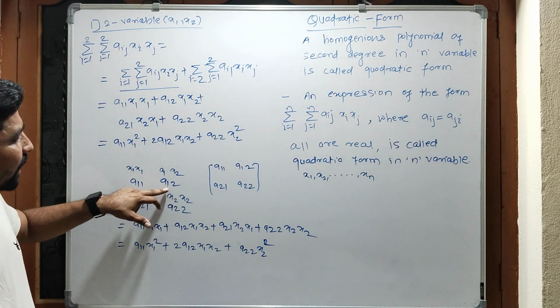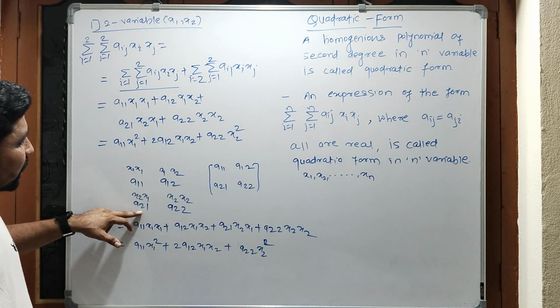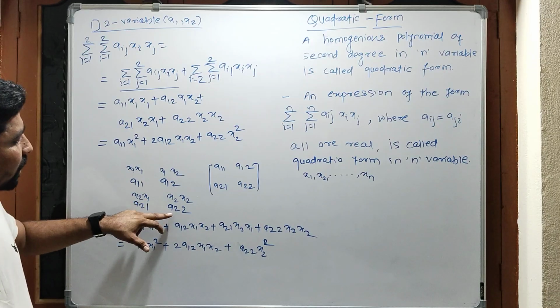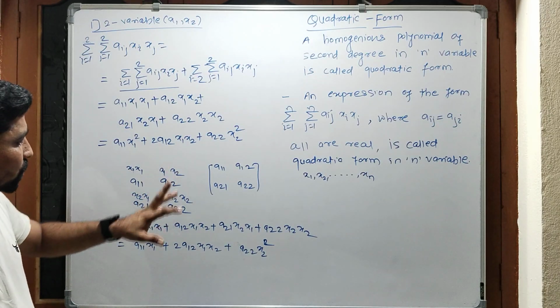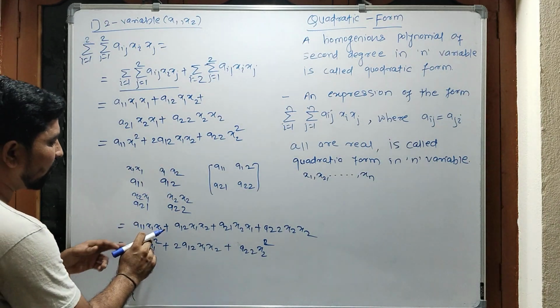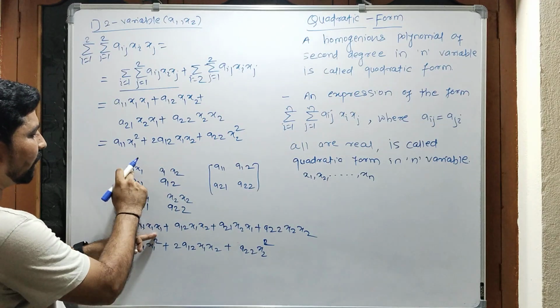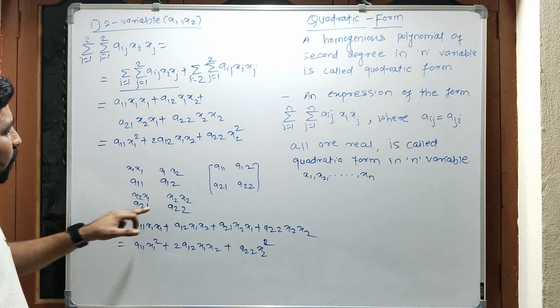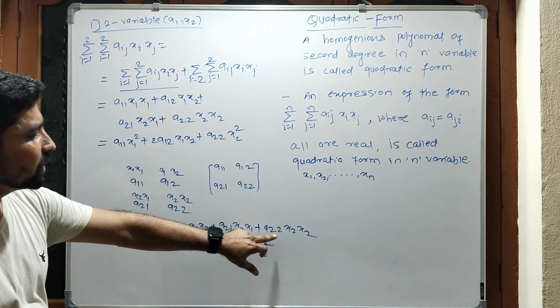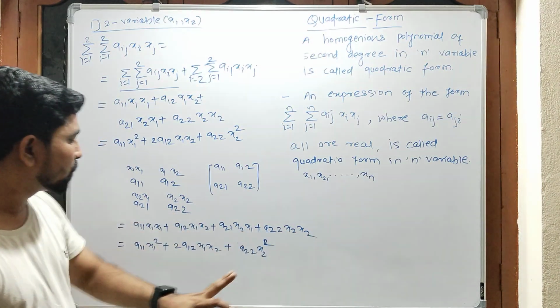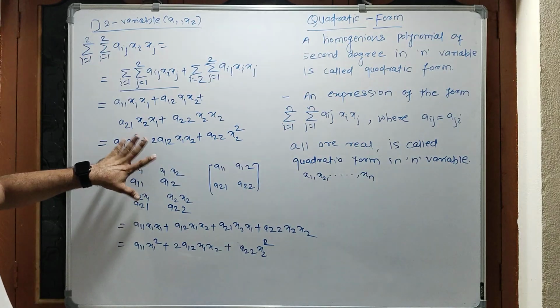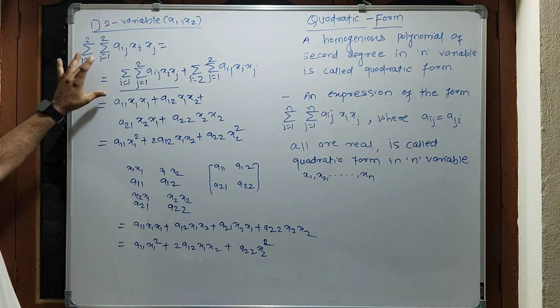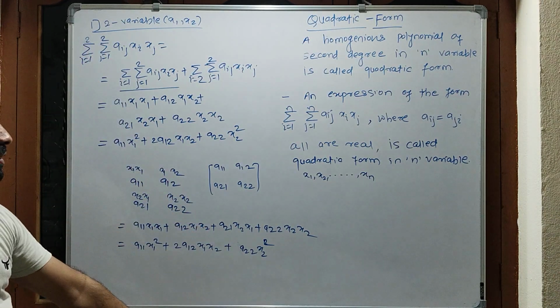Here A12, so x1 x2. Here this is A21, so x2 x1. This is A22, so x2 x2. So A11 x1 x1 plus A12 x1 x2 plus A21 x2 x1 plus A22 x2 x2. Write this and you will get the same form. So this is one way, but this is another way.